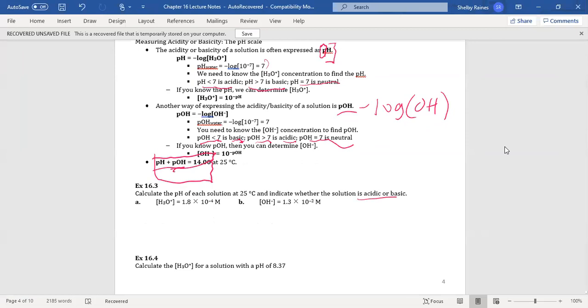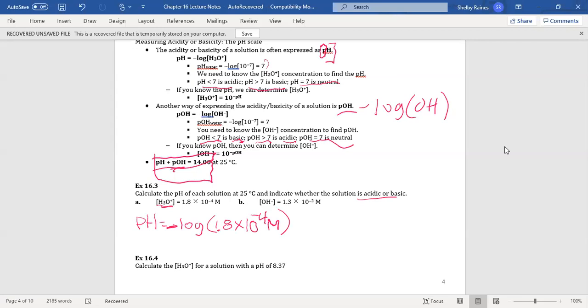All right, well, we have our hydrogen concentration. So I just need to say the negative log of 1.8 times 10 to the negative 4. If I plug that in my calculator, I'm going to do negative log, not natural log, but log, negative log 1.8 times 10 to the negative 4.